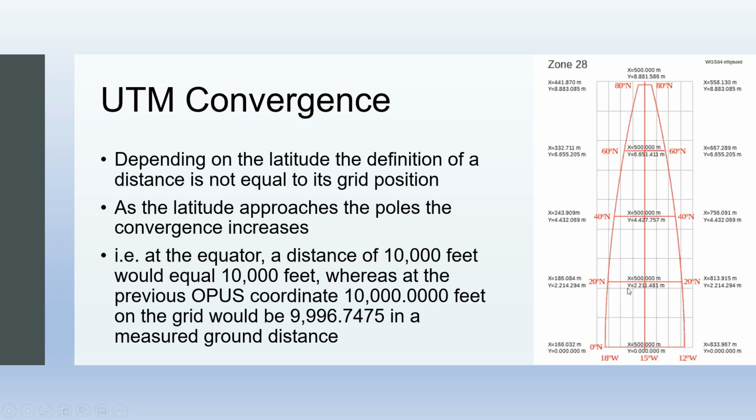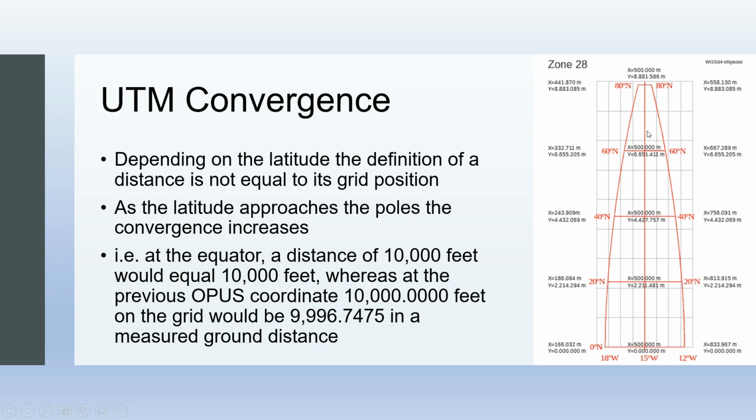And then right here, once we go up to 20 degrees north, my 500,000 meters is still on this meridian, but when I get to my 12 degrees of longitude, my x value is actually 813. So I've lost 20,000 meters between these two points.